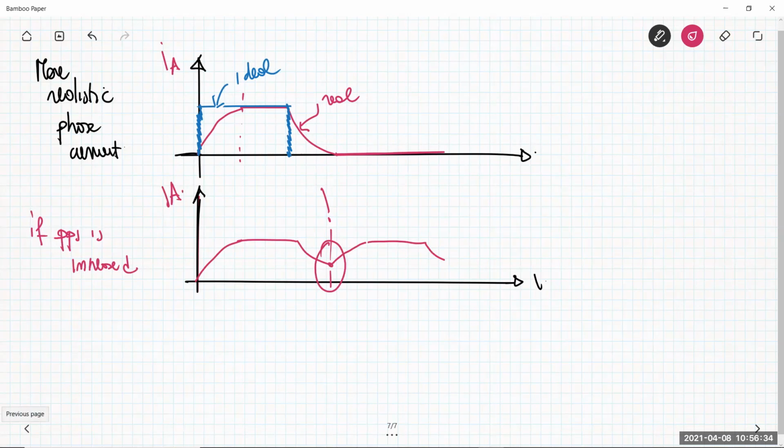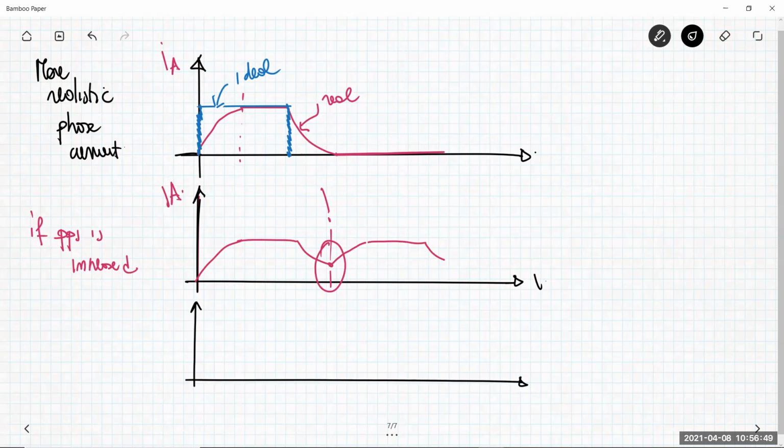Phase B is energized, but then you have a current circulating in phase A. So this is a problem for your correct position. Remember that one of the main features of a stepper motor is that you have a direct relationship between the pulses that you provide at the input and the position of the shaft.